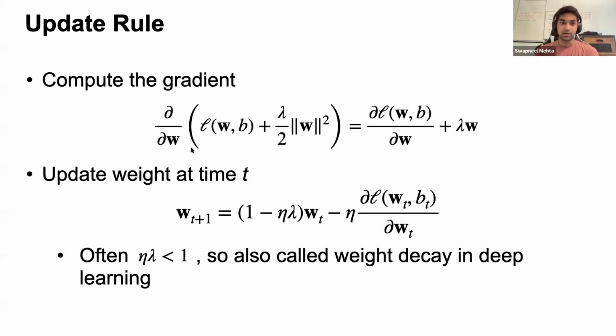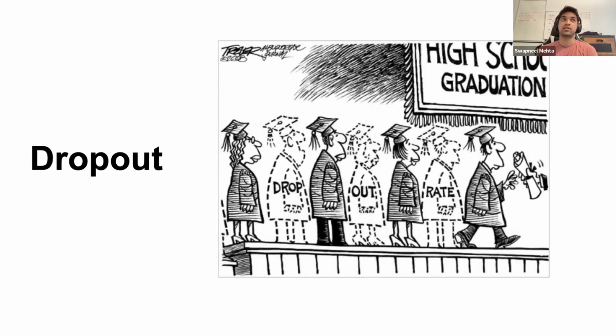The last part, and so this is called weight decay because this is less than 1. Like this 1 minus quantity is less than 1, and that is multiplied by the original weight. So you're decaying your weight because you're adding this L2 regularization term. That is clear. Let us move on to the next slide.